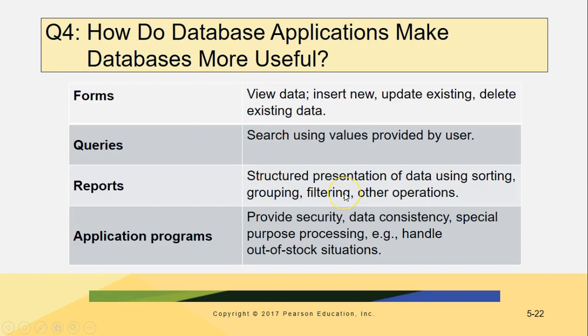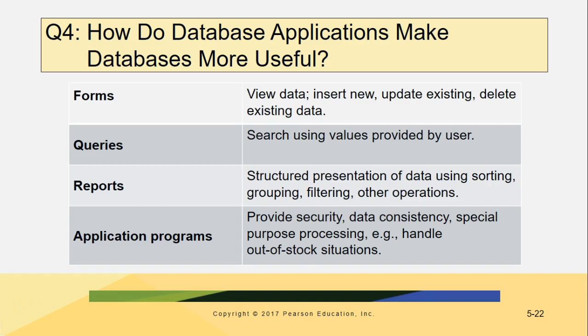This is also something that I wanted to talk about, and I showed this a little bit before. We showed it a little bit in Microsoft Access. Also, part of a database management system is to provide database application tools that make it much more useful. For example, forms.